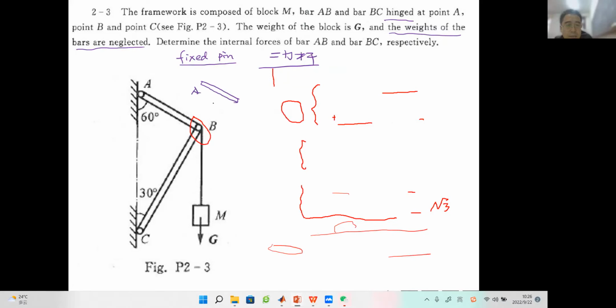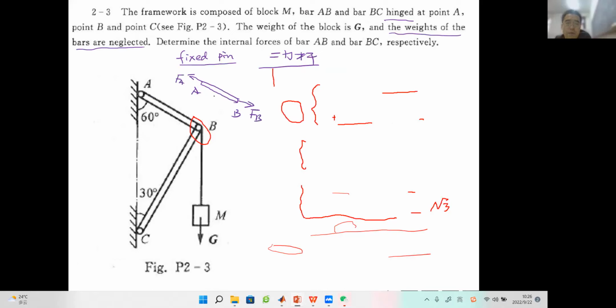Let this be AB. Because from the condition we know that AB is a 二力杆, a double force balanced rod, then it may have two forces FA and FB.